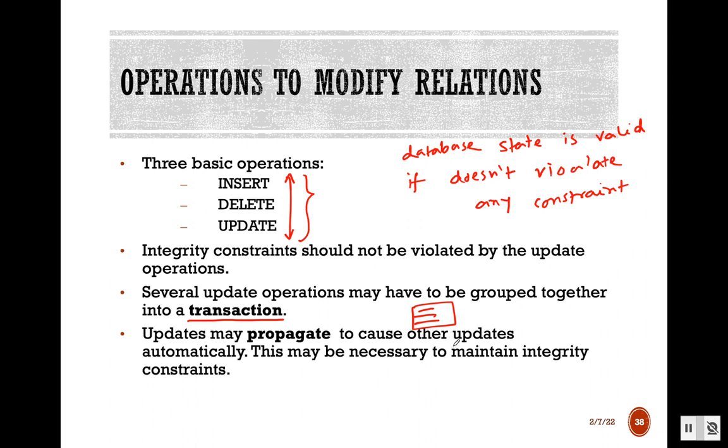So the main idea of any update operation is that we cannot violate any constraint, and if an update operation violates a constraint, we have to handle it. In any case, we cannot keep our database in an invalid state.